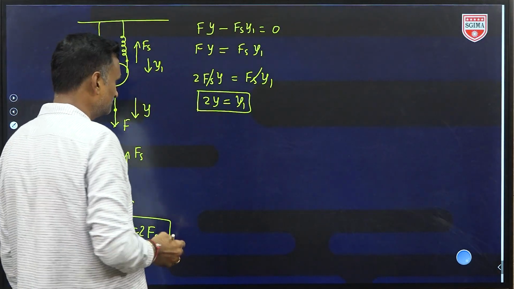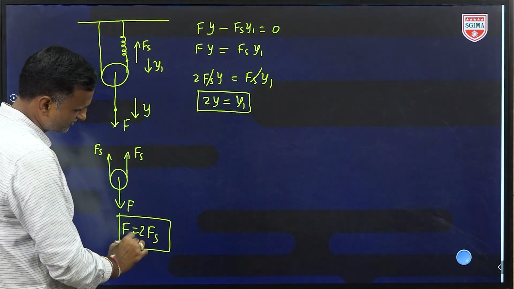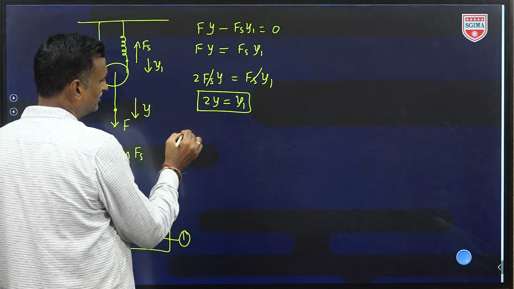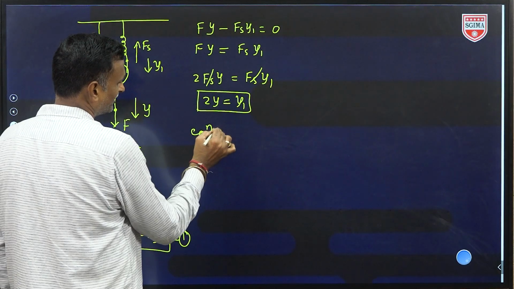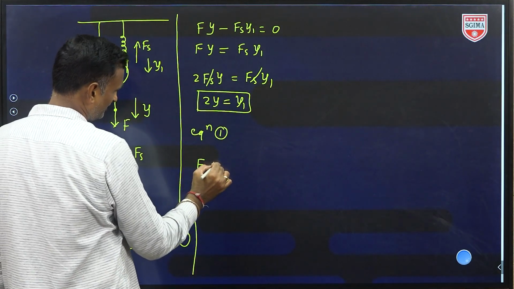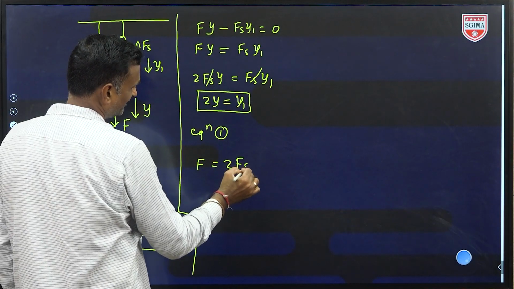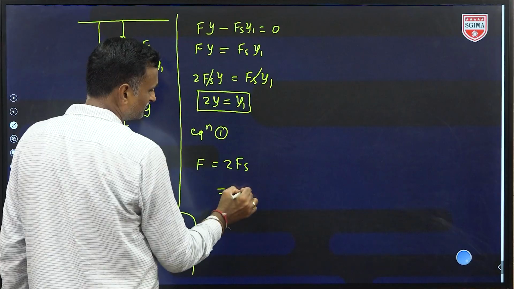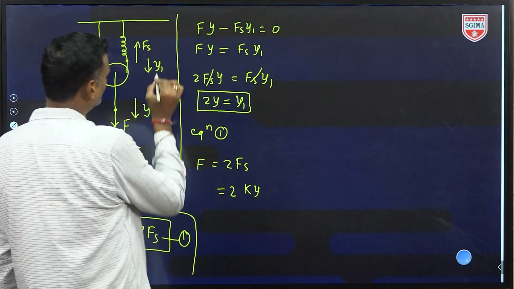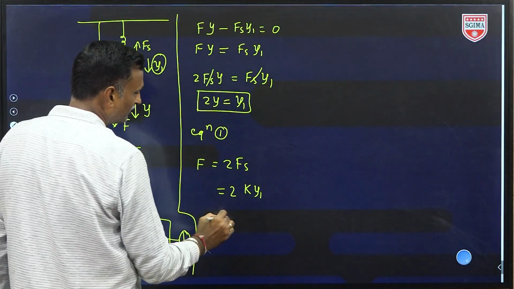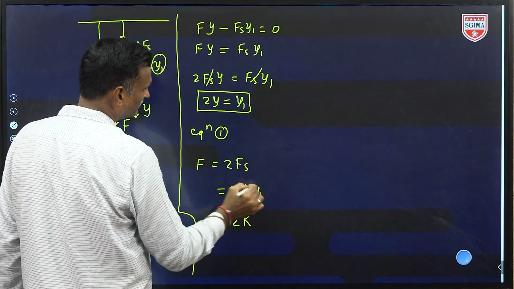So let us take from the force equation only, this is equation number 1. From equation 1, what do we have? F equal to 2 times Fs. And we know spring force equals K times y1, so we need to write y1. Now 2 times K into y1.